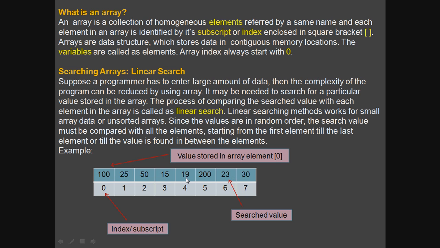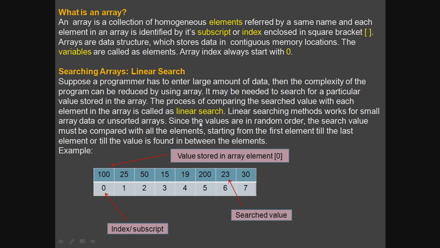This is an unsorted array, because you can see that the values stored are neither in ascending order nor in descending order. It is all in random order. So the search value must be compared with all the elements starting from the first element till the last element, or till the value is found in between the elements.